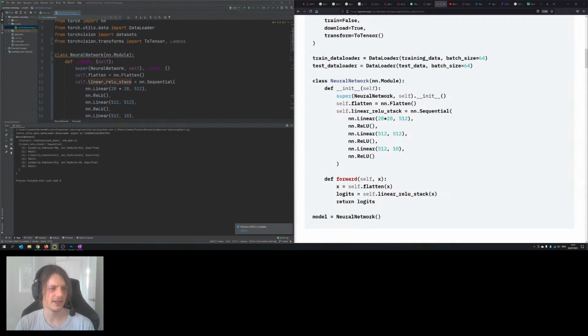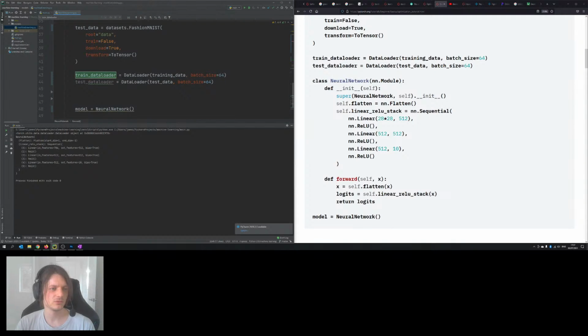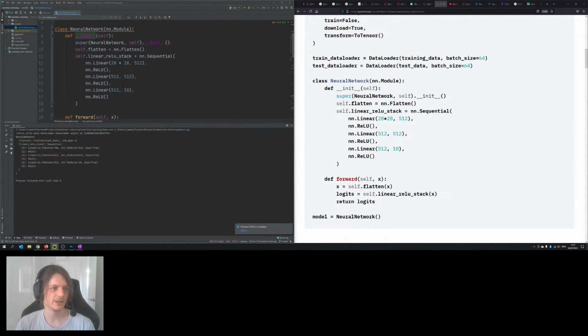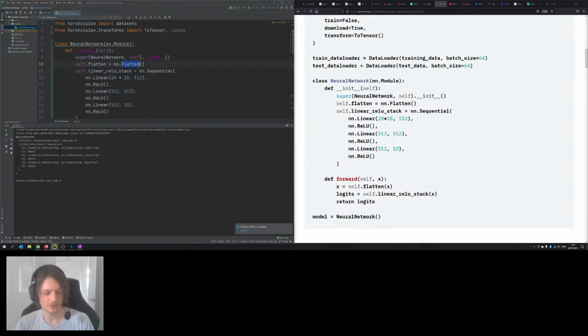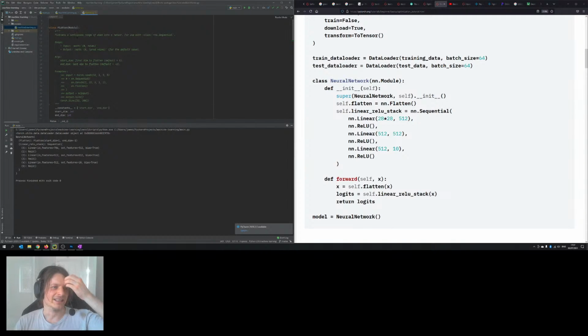So in this case, we set up our neural network, and our neural network uses this flatten, which I can't remember what it does. Let's see, flatten. Flattens a continuous range of variables into a tensor.